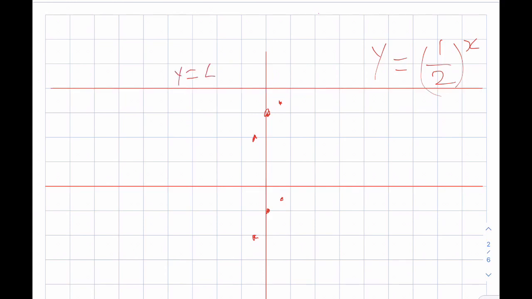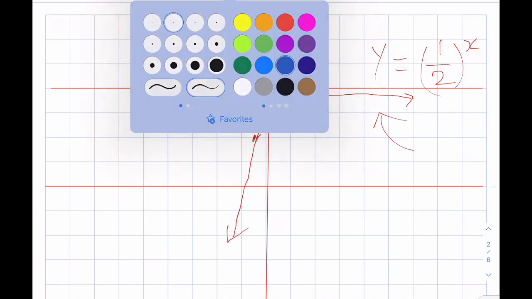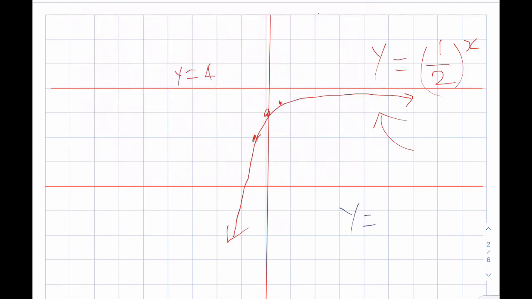And if we connect these points, it will go like that forever, and it will go up like this forever, guys. So basically, this will be our y is equal to -1 over 2 to the power of 2x plus 4 function.